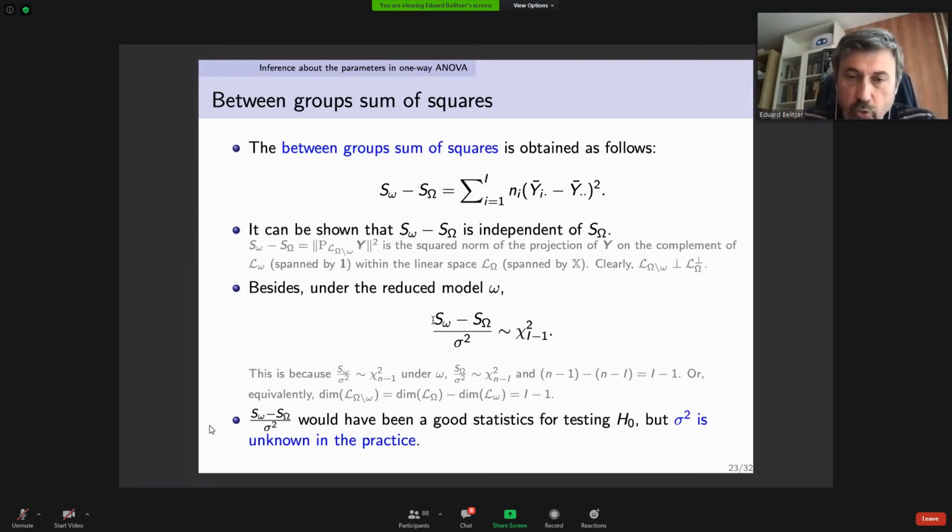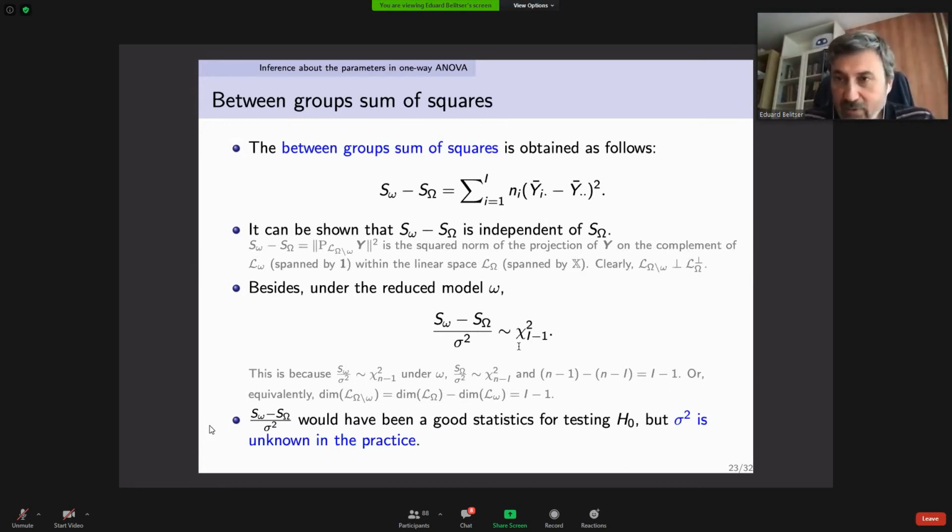This is the reduced model, and this is the full model. If the difference between them is small, that means the reduced model is as good as the big one. That means there is no factor, so you don't need the big model. You just take the small model. That small model is good enough. Factor doesn't play a role. So we would do this testing just by looking at the quantiles of this chi-squared.